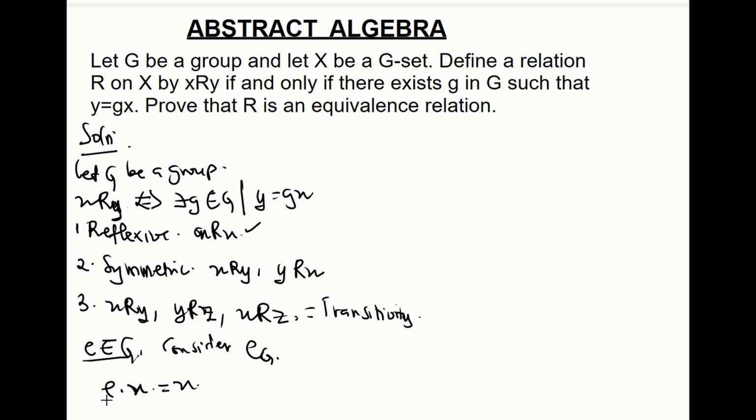So here we can see that there exists some g in G, which is our e here, such that y is equal to gx, which means e dot x is equal to x. Then let's proceed.